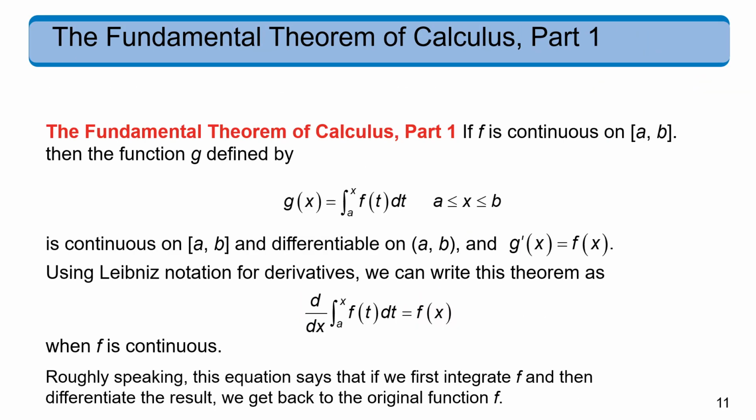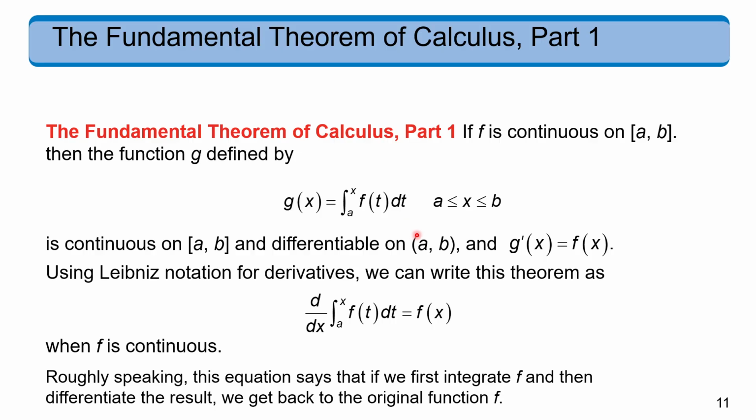So it can be proven that the result we just saw is always true under certain hypotheses. The basic statement that we saw in the examples is that if you define g of x to be this particular type of definite integral where the right endpoint is a variable, then this function is an antiderivative of little f.